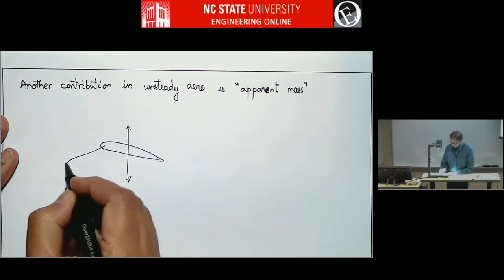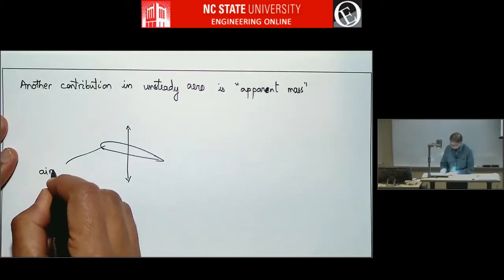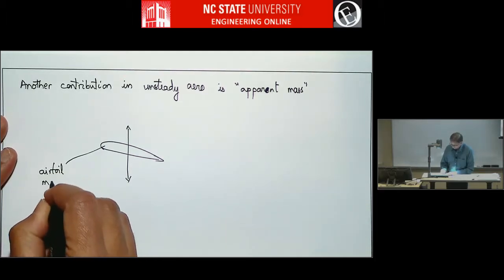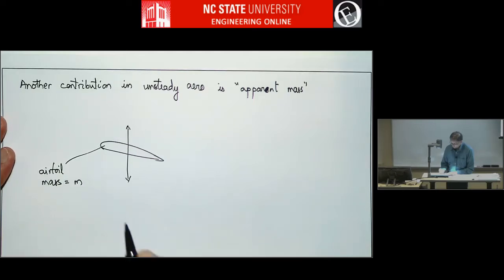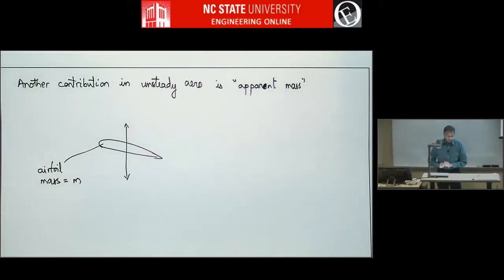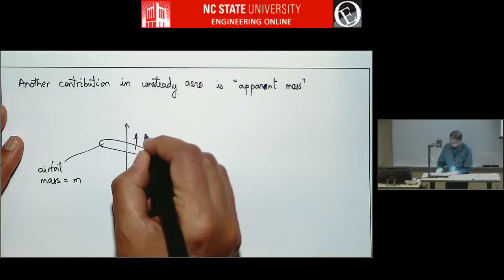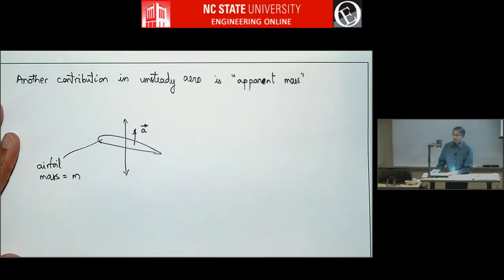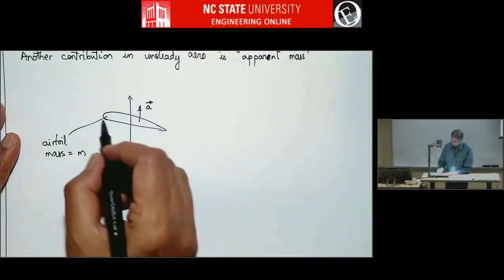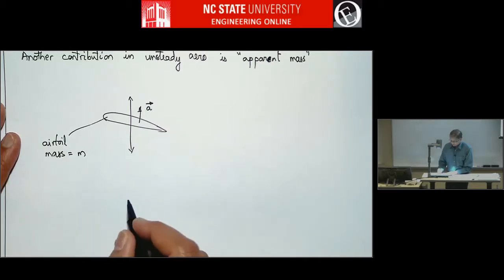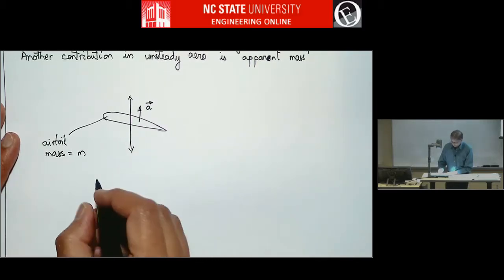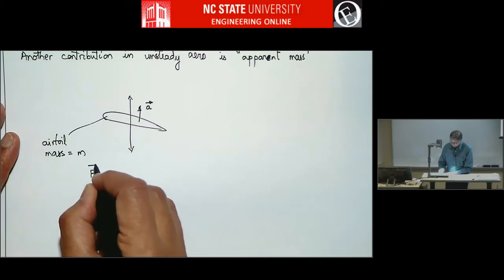So let's say the airfoil has a mass of m. So if it is accelerating, the force needed to move the airfoil, let's say it's accelerating this way at some time instant with an acceleration of a. What is the force needed to move this airfoil so that it's accelerating at this acceleration?